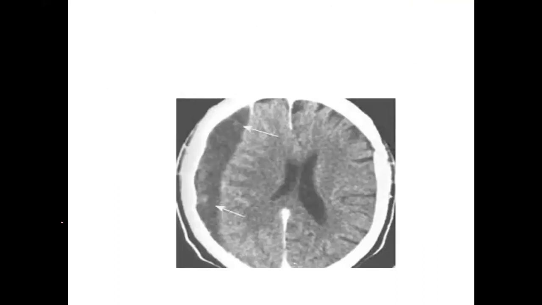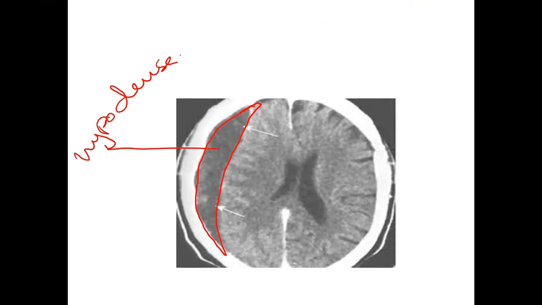If you look at this image, you can see it's crescentic, and also it is hypodense. So this is a chronic subdural hematoma.